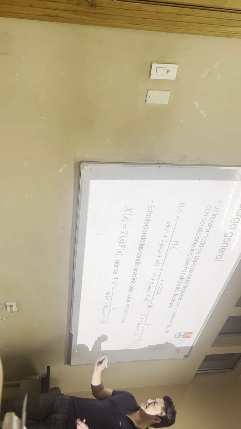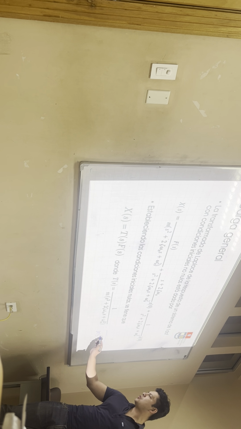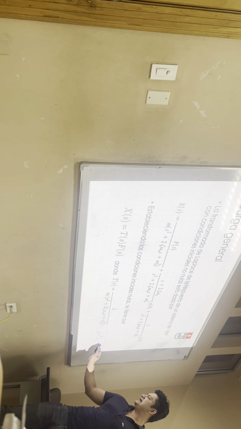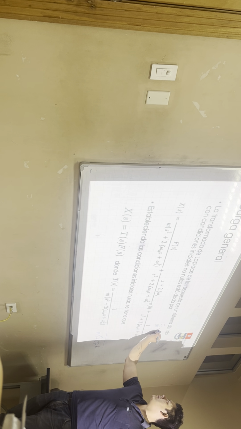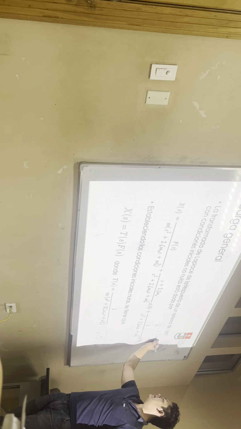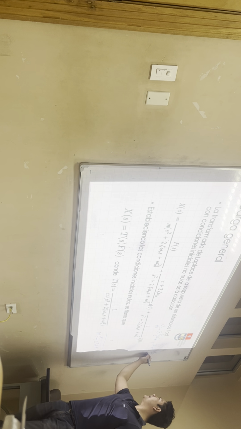Of course, we have a different form, right? It was something like this, m s squared plus cs plus k, or something like this. But you know that c over m equals 2 times this, and omega n equals square root of k over m.